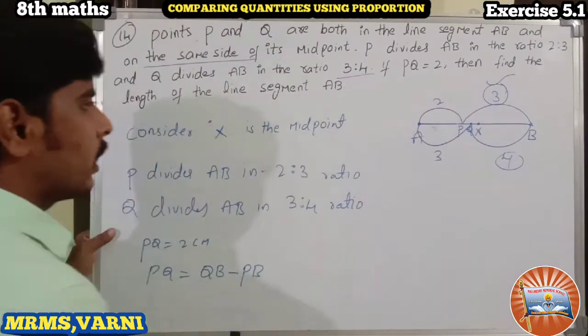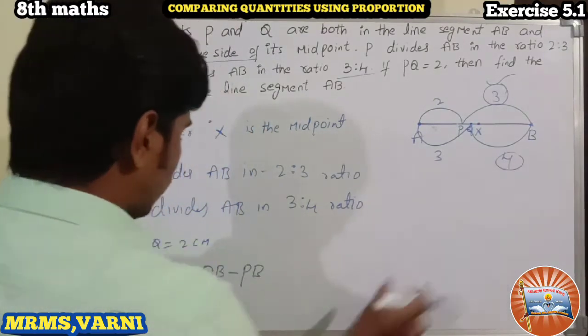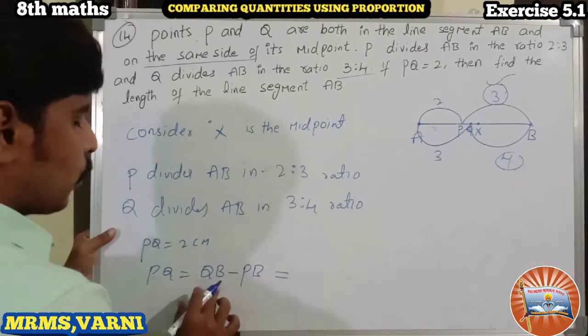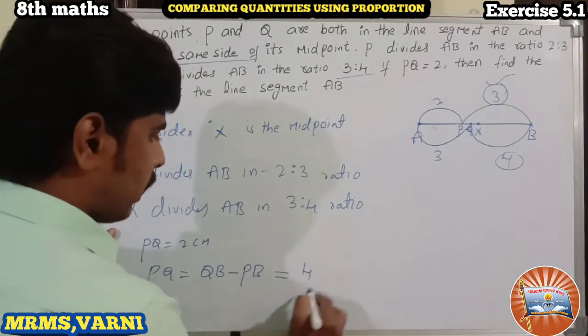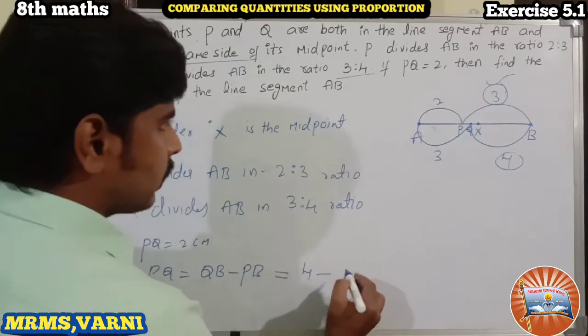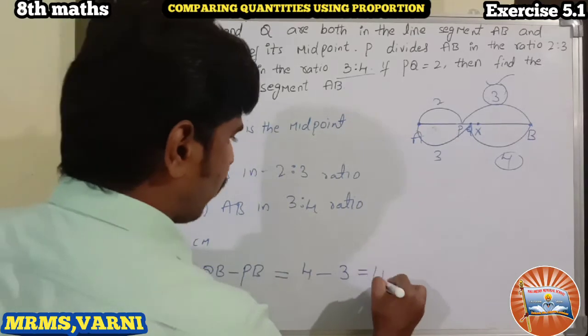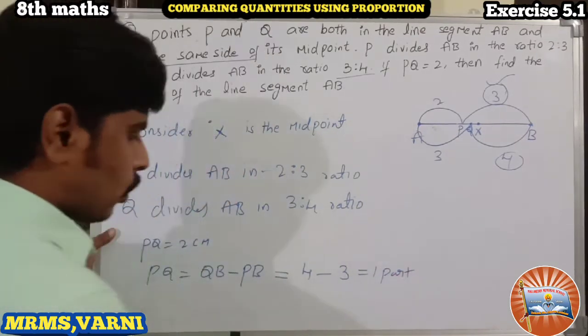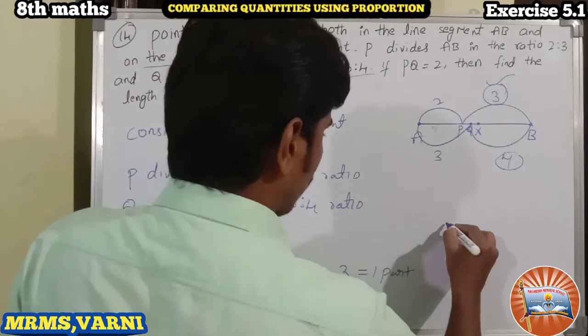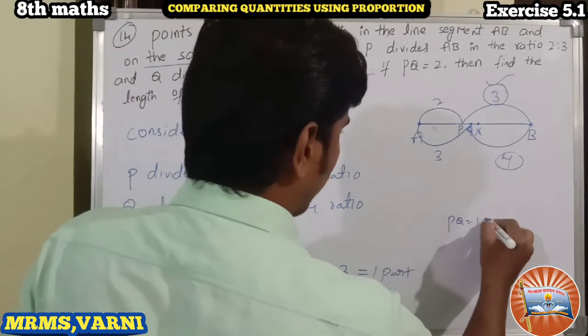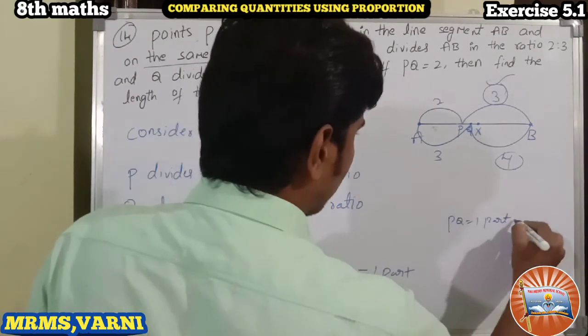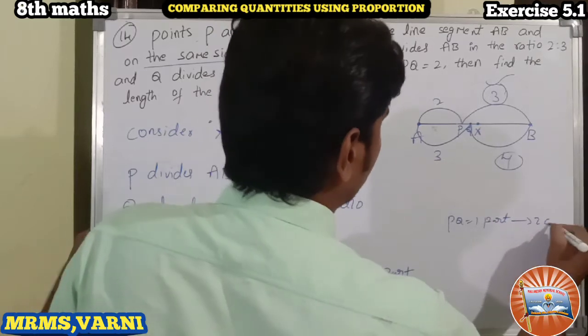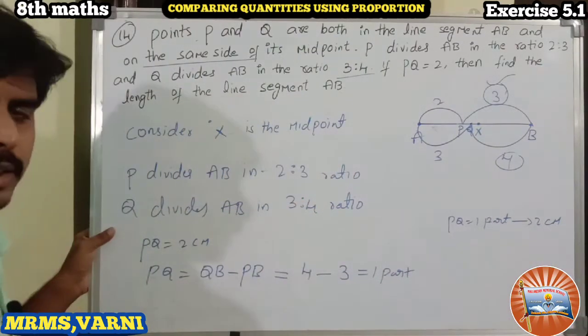That is why I am taking QB first. QB minus PB: QB is 4 parts, minus PB 3 parts, that is nothing but 1 part. So PQ is equal to 1 part.